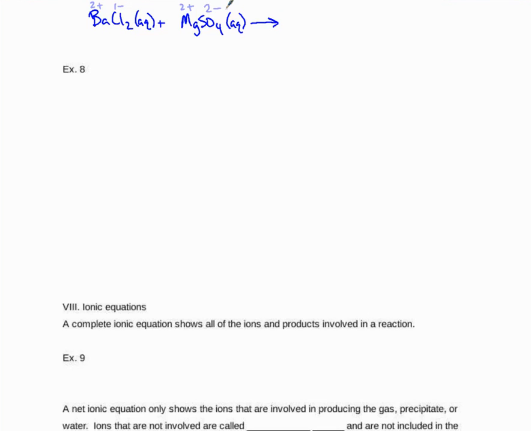Means the SO4 has a charge of -2. So here's how they pair up. Cation of one with anion of the other. A charge of +2 for the barium, a charge of -2 for the sulfate, and so we end up with BaSO4.